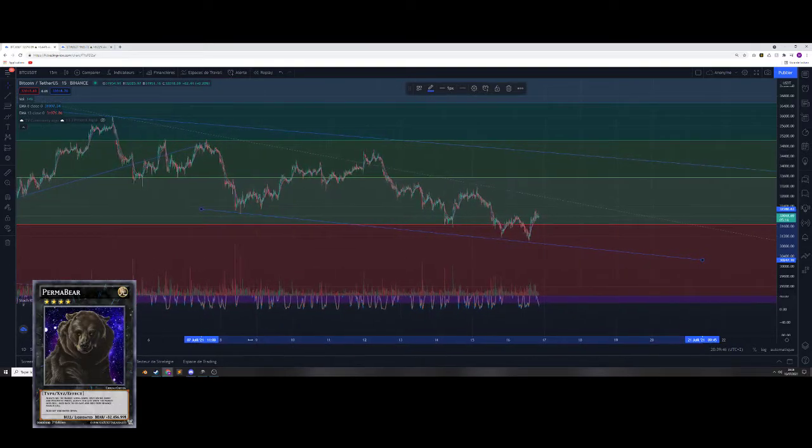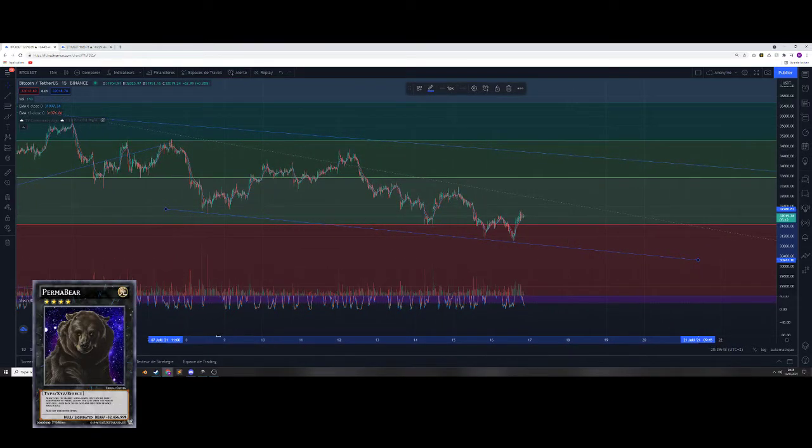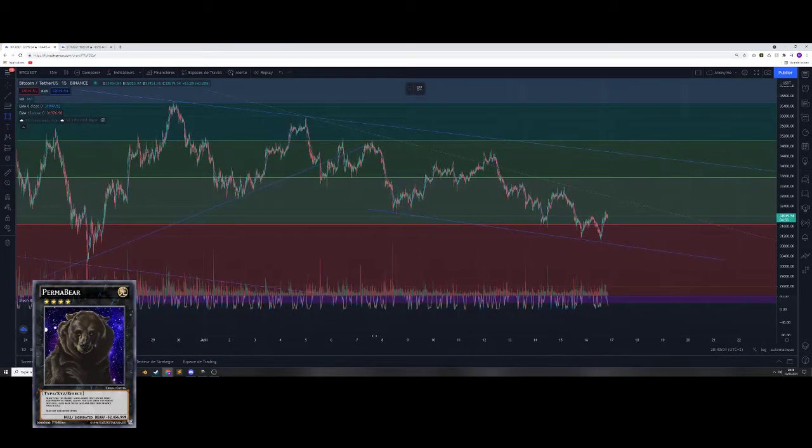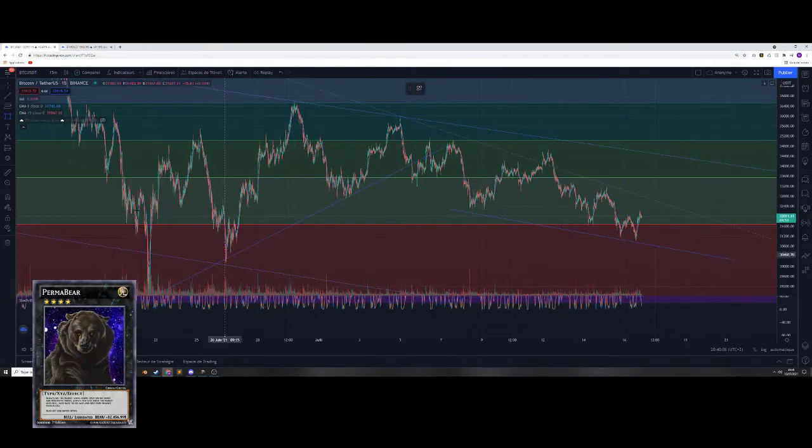It is a nice W, but I don't know what to do with it. To be honest, when we look at the previous big levels that we had, we have one level here, which is a really interesting level to get good trades.